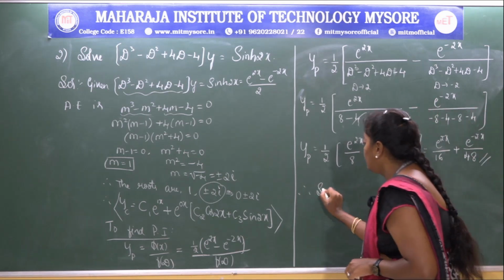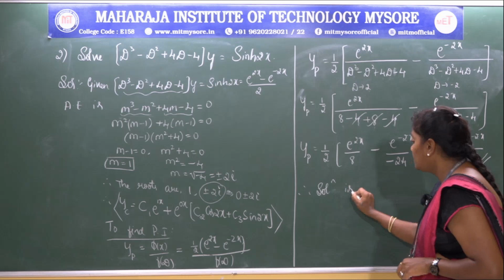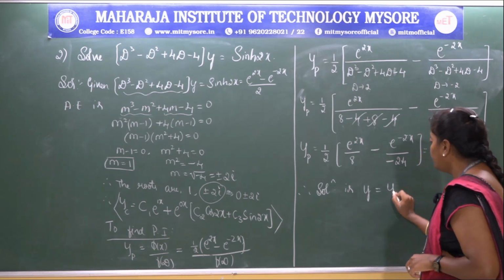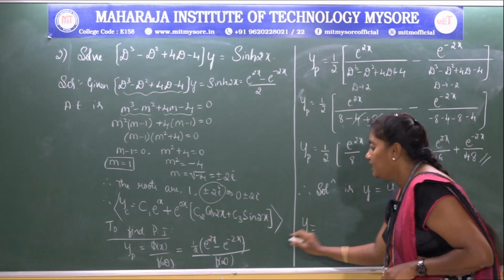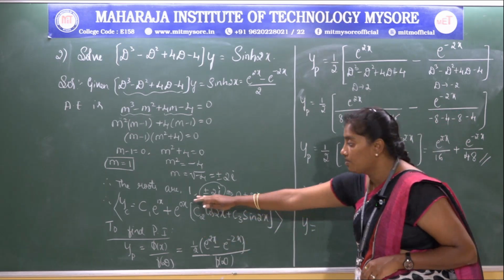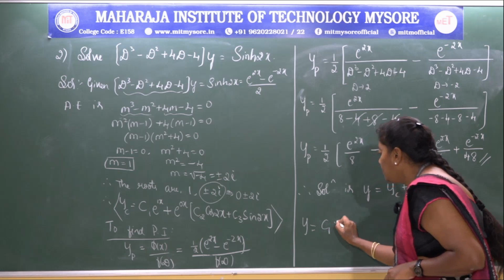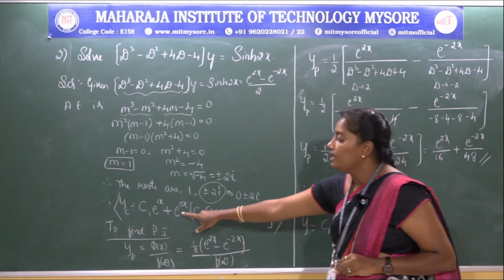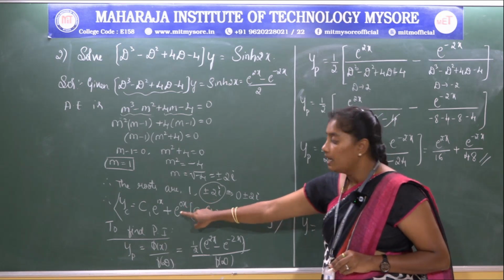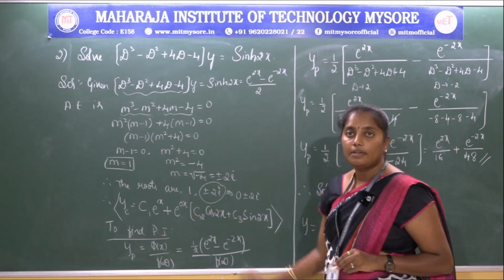So therefore the final solution is y is equal to yc plus yp, where yc is the complementary function, c1 e to the power of 1x plus here we have e to the power of 0x. E power of 0 is equal to 1.